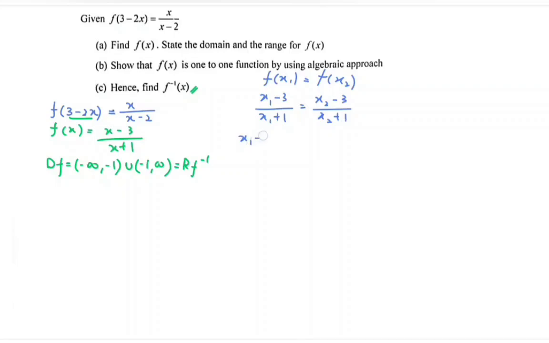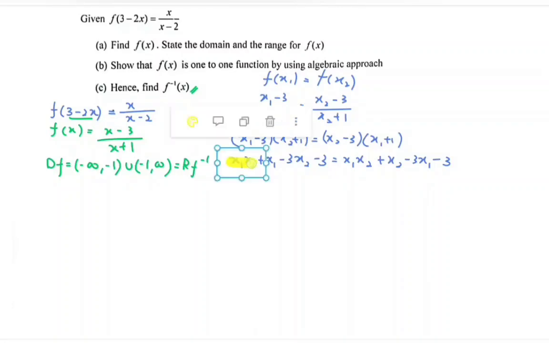So (x sub 1 minus 3) multiplied with (x sub 2 plus 1) equals (x sub 2 minus 3) multiplied with (x sub 1 plus 1). Kindly expand. x sub 1 x sub 2 plus x sub 1 minus 3x sub 2 and then minus 3 equals x sub 1 x sub 2 plus x sub 2 minus 3x sub 1 and then minus 3.